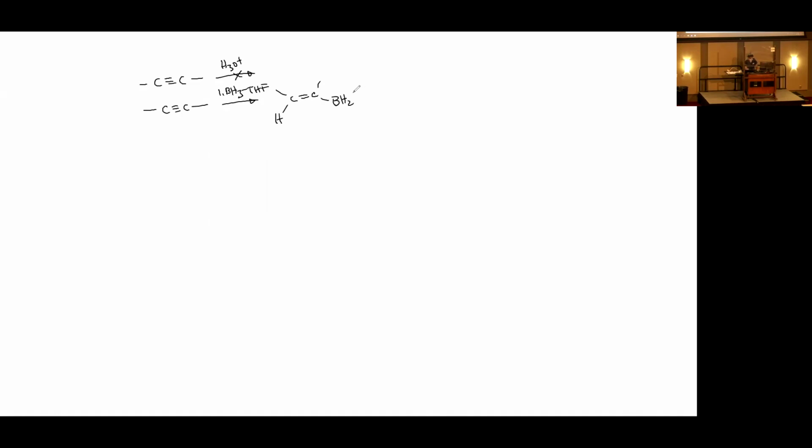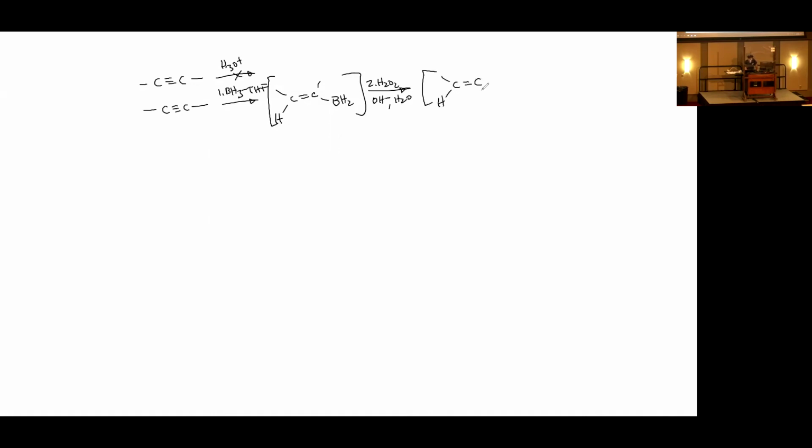So all that is the same as with alkenes. We get an intermediate that looks like this. Then if you add your aqueous alkaline hydrogen peroxide, you will get at first an intermediate that looks like this.